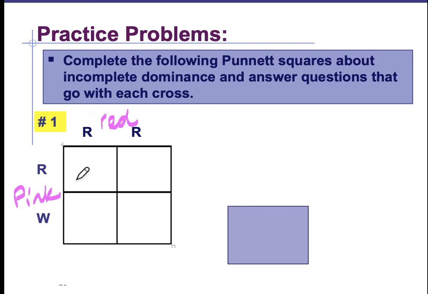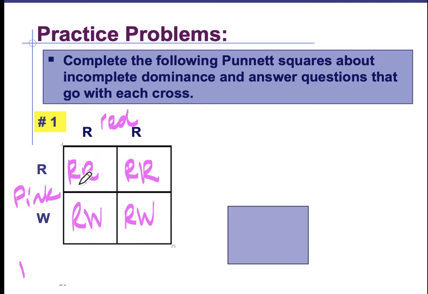When you do that, you bring the letters down into the box. So you bring it into this Punnett square. You bring down and you bring across. And you bring down and you bring across. Now, because you're working with two different letters, we follow the same rules that we do with a monohybrid cross, where you always put the dominant letter first and then the recessive letter, like you're spelling a name.